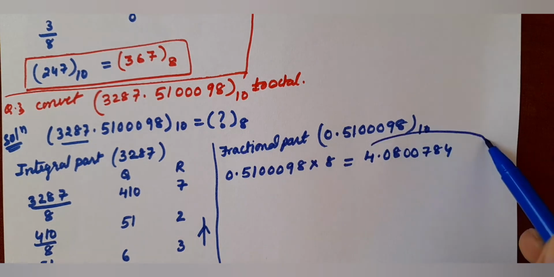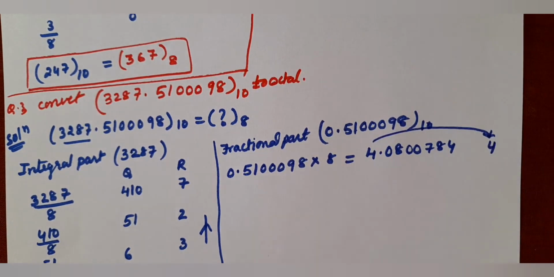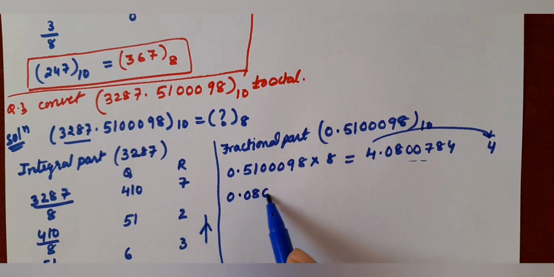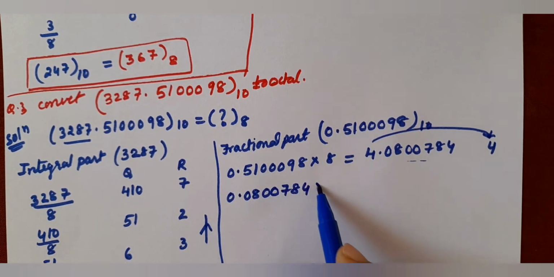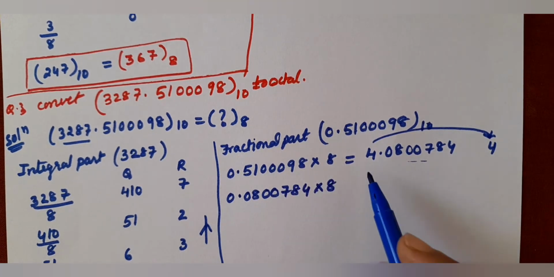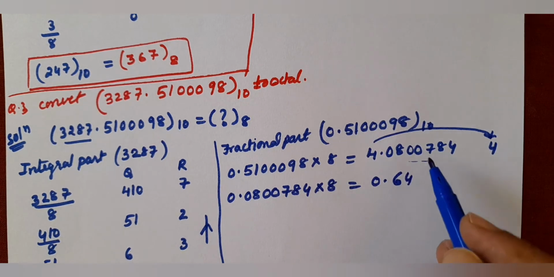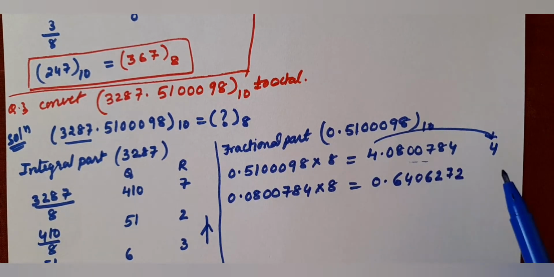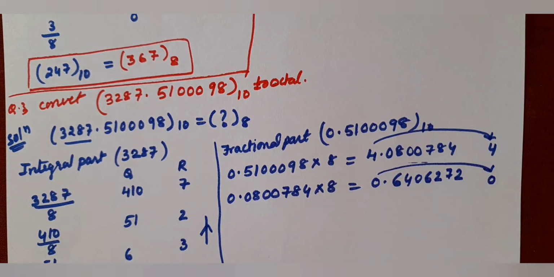So take this integral part 4 to the other side and now multiply 0.080784 by 8. It comes to be 0.64627. Take the 0 and write it on this side.